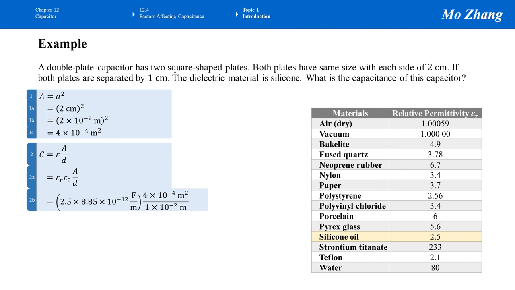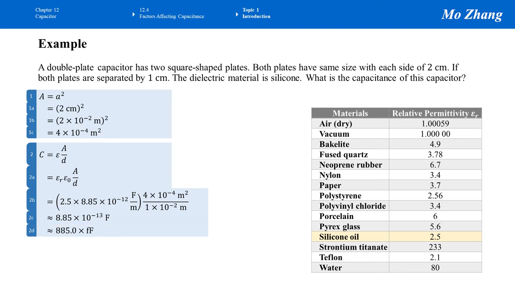The distance is 1 centimeter, that is 1 times 10 to the power negative 2 meter. And then we're going to punch these numbers into the calculator. The result is approximately equal to 8.85 times 10 to the power negative 13 farad.